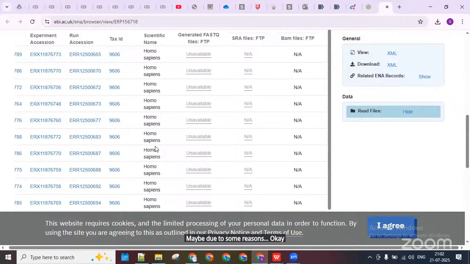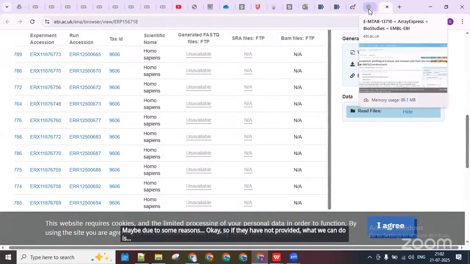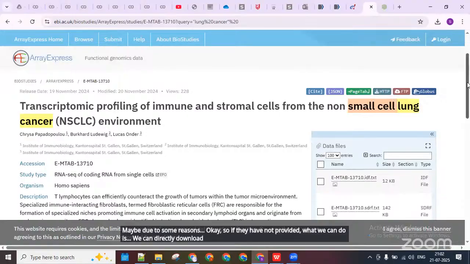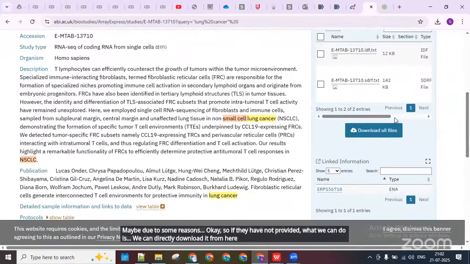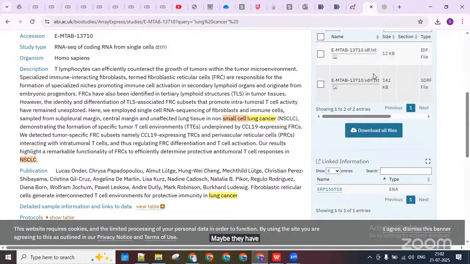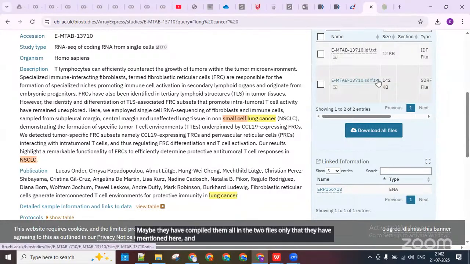Okay, so if they have not provided, what we can do is directly download it from here, as they have mentioned that we can download the files. Maybe they have compiled them all in only the two files that they have mentioned here, and as they are text files, we can directly open and explore them.